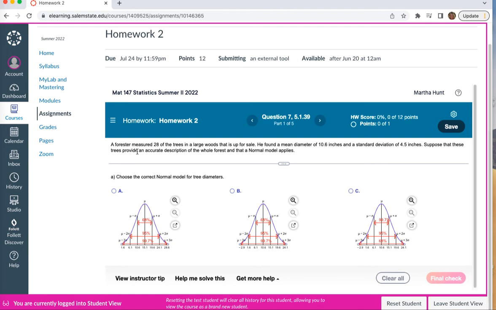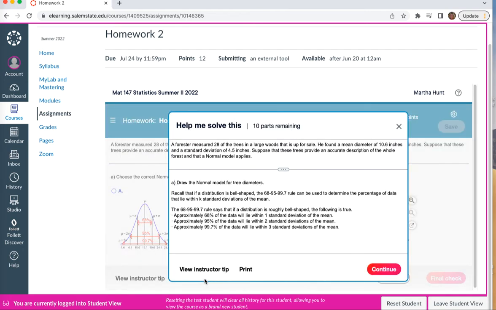They're giving you the mean and standard deviation of a large tree, and they want you to complete the correct diagram. Help Me Solve This is a very useful learning aid in something complicated like this. It describes what the rule is, and you can read that carefully.